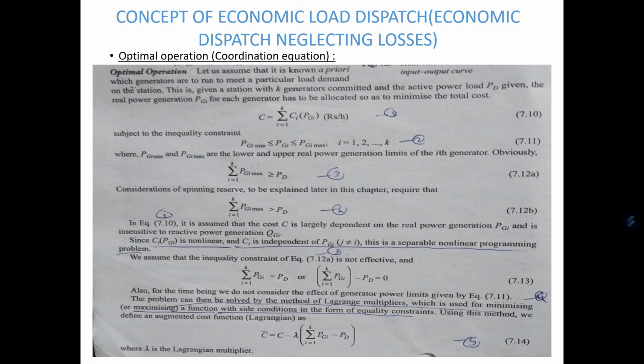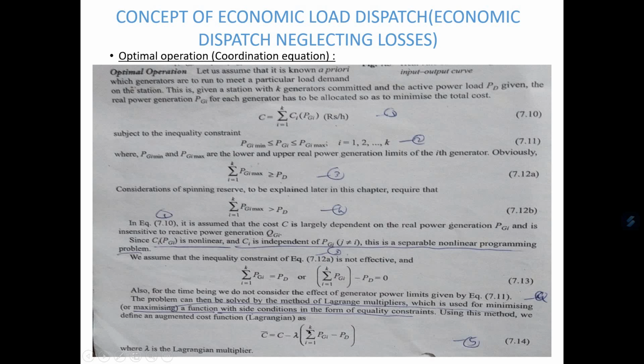Suppose we consider that the total power generated by all the generators should be equal to the power demand, then we can write the equation as summation of i equals 1 to k, Pgi equal to Pd, or summation of i equals 1 to k, Pgi minus Pd equal to 0. Now this problem can be solved by the method of Lagrange's multiplier, which is used for minimizing a function with side conditions in the form of equality constraints.